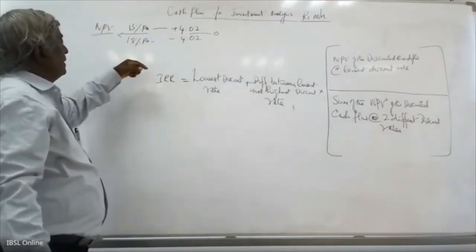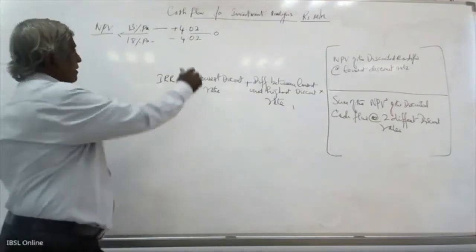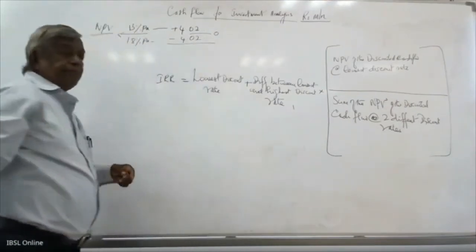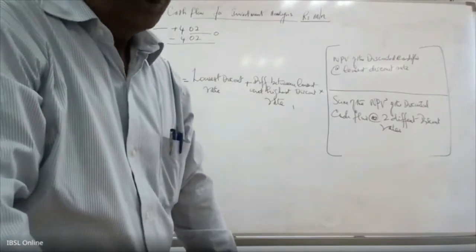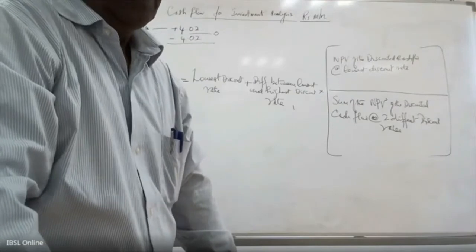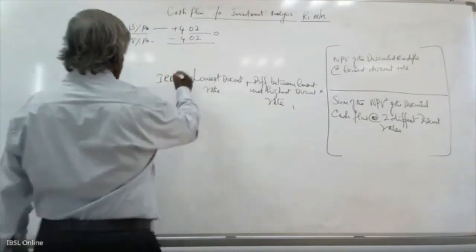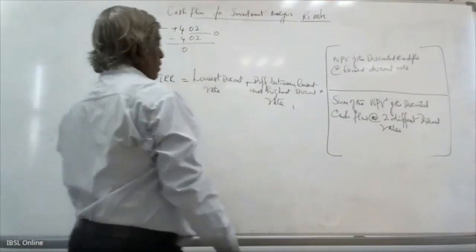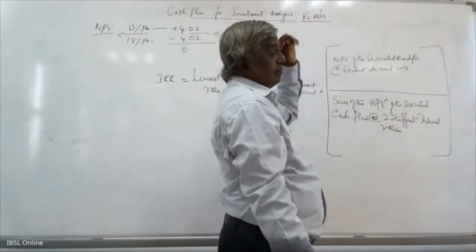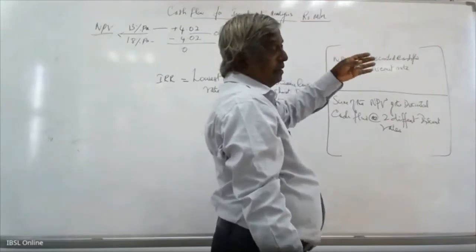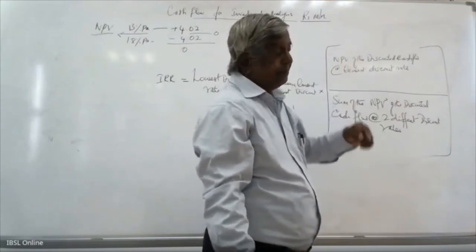The other one is 18%, minus 4.02. When you total it up, what will you get? You will get 0. So here if the value is 0, what will happen? This will be infinity. Any number divided by 0, you will get infinity.